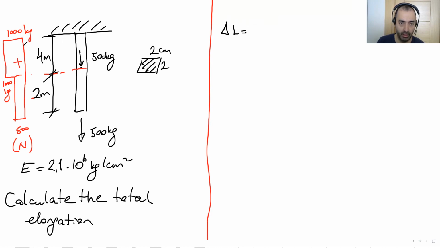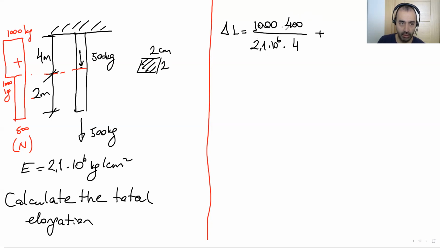In the first portion we have 1,000 kilograms, sorry, and its length is 4 meters. E is E. A here is 2 times 2, 4.